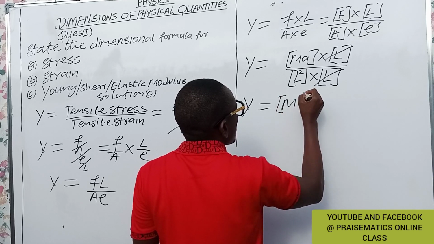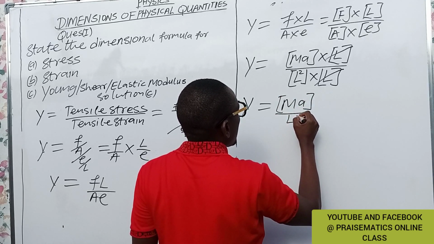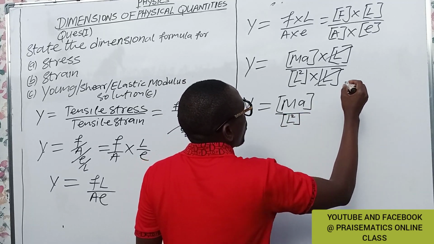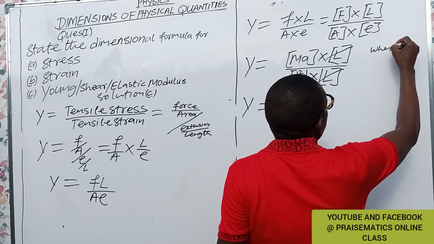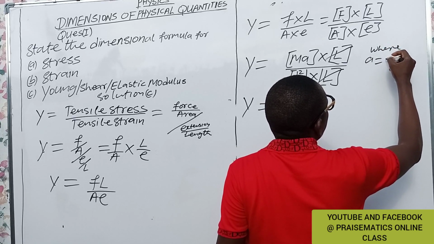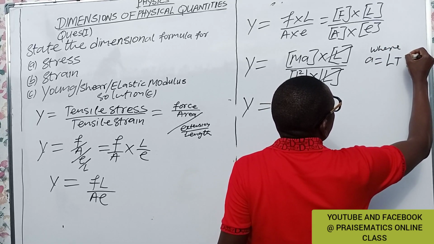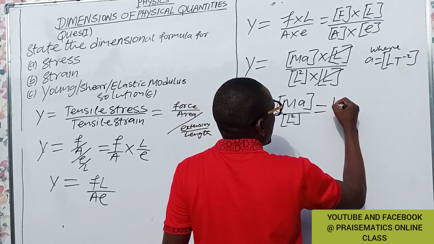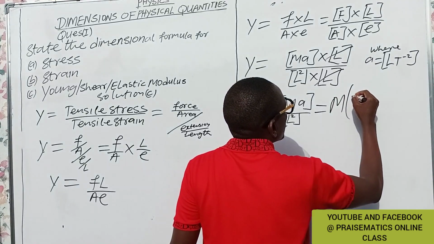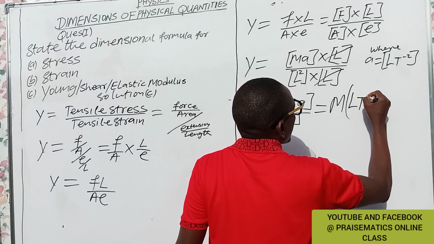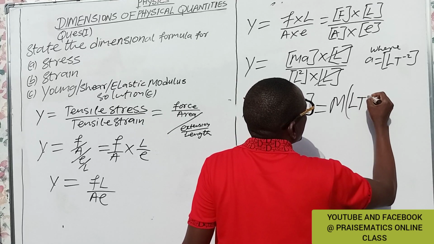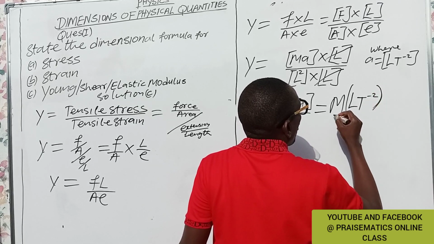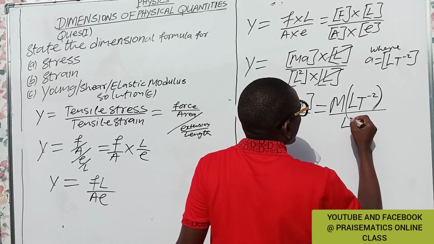We now have that Young modulus is equal to MA all over L square. Now where, the dimension of acceleration is L, t raised to the power minus 2. Replacing it here, we have M, which is untouchable, multiplied by length L raised to power 1, t raised to power minus 2, which is acceleration, all over L raised to power 2.